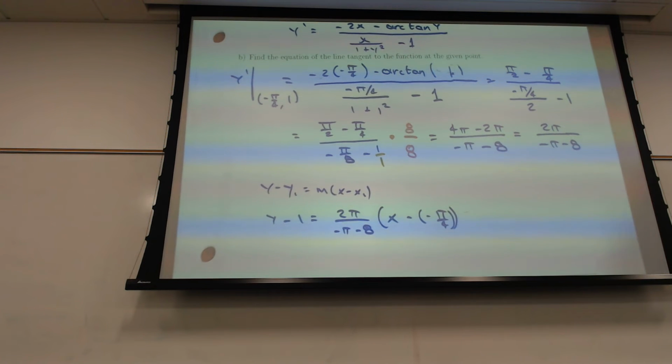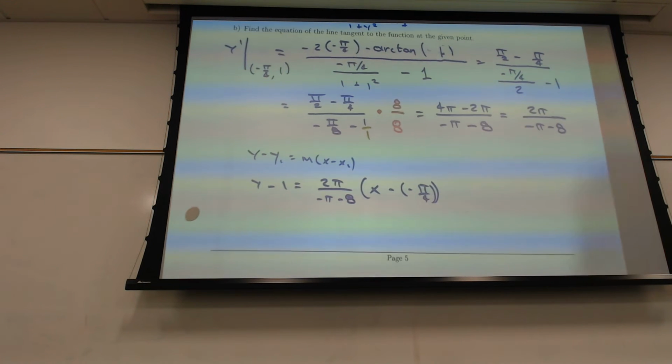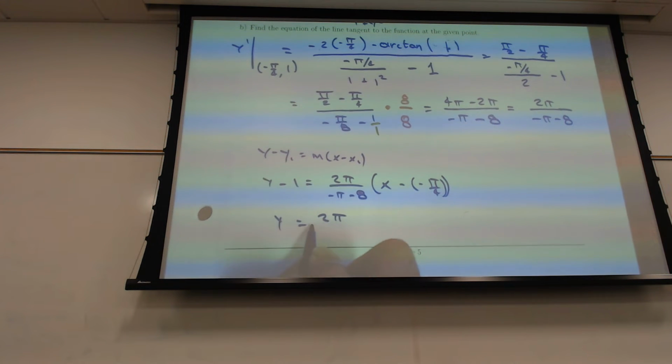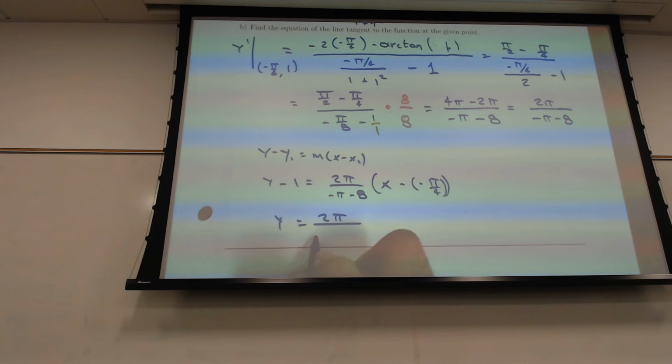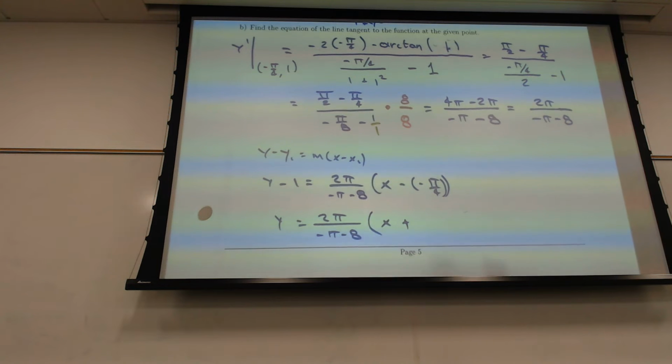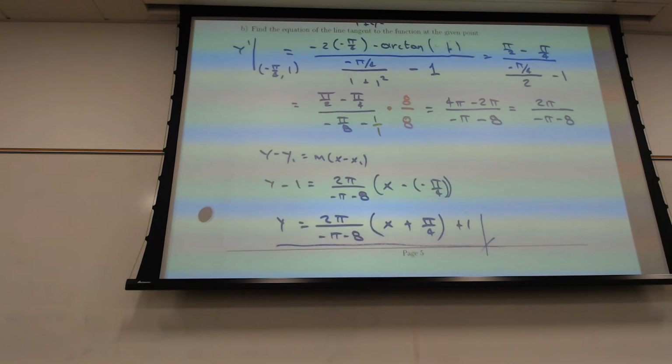And minus minus turns into a plus. So y equals 2 pi over negative pi minus 8, this funky looking slope, times x plus pi over 4, and you can just write that plus 1 over here, and you can leave it like this. That's good enough.